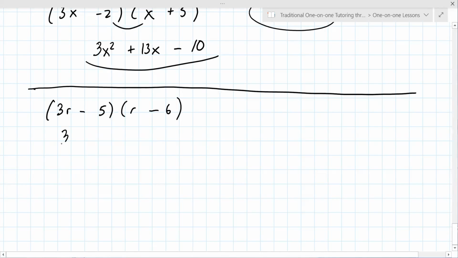So again, that first and that last are pretty straightforward. I was just double checking everything. So the outer is minus 18r. I got 3r squared minus 23r plus 30. Perfect. All right. Okay, let's try another one here.